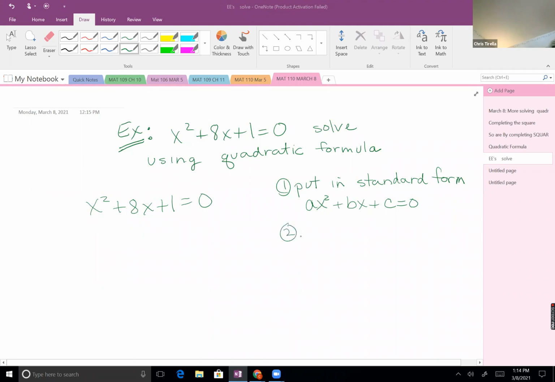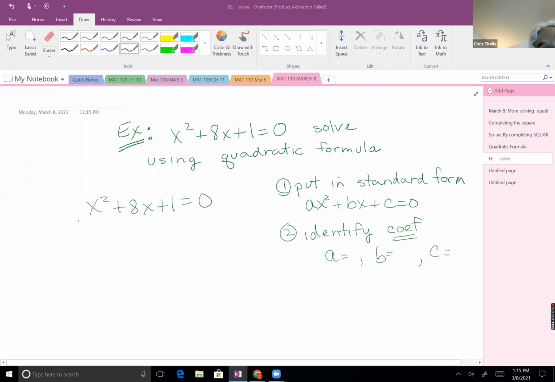Then we need to identify the coefficients. When we go through and do this part, we're just looking at the constant coefficients. We're leaving the variables behind. We want to know what A equals, B equals, and C equals.